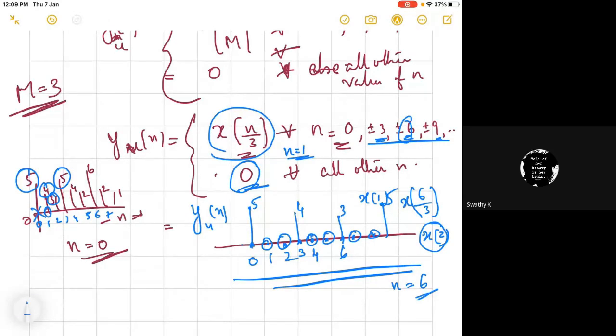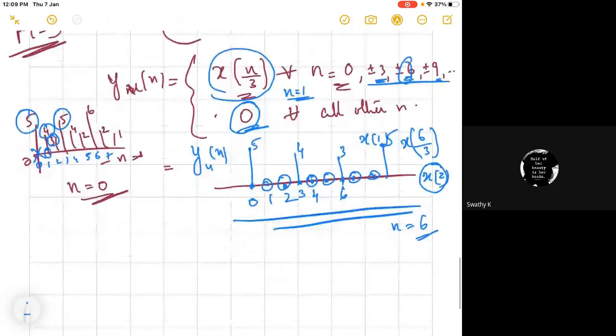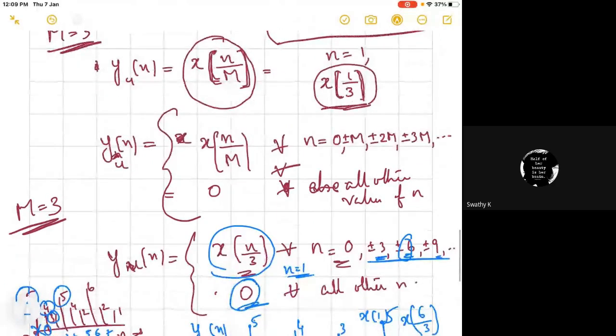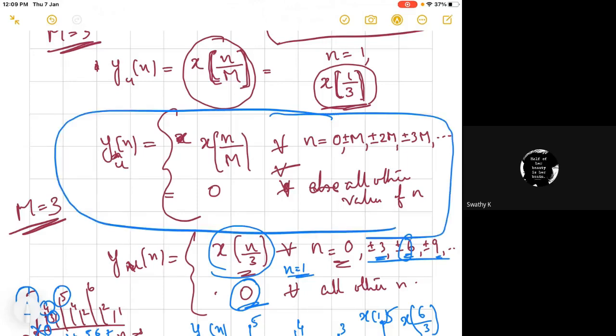So this is how upsampling is represented. If you upsample by a factor of capital M, then y[n], the upsampled version, is x of n by M for n equal to 0, plus or minus M, plus or minus 2M, plus or minus 3M, etc., and 0 otherwise.